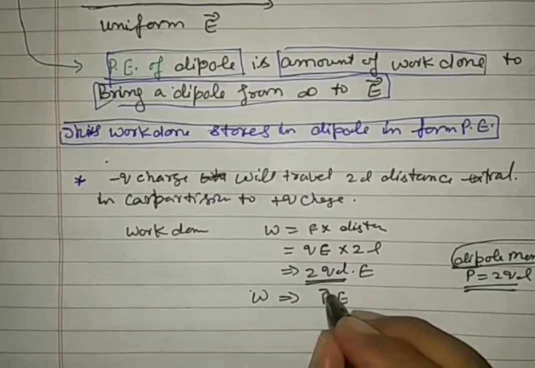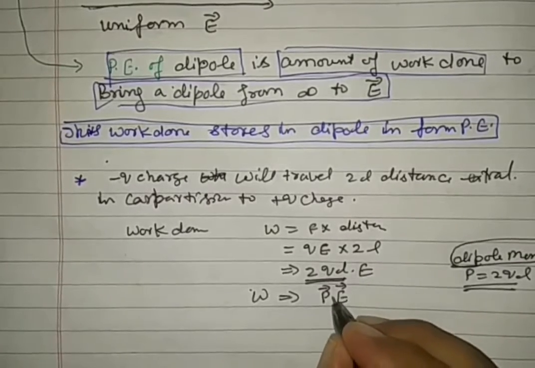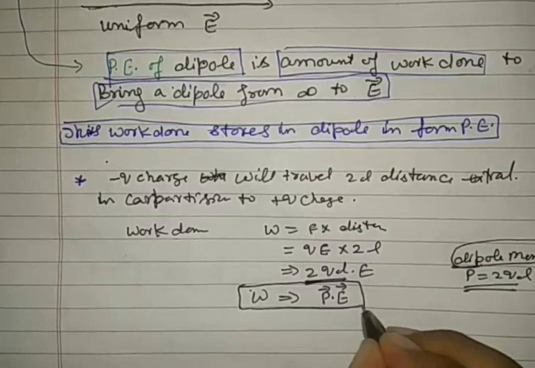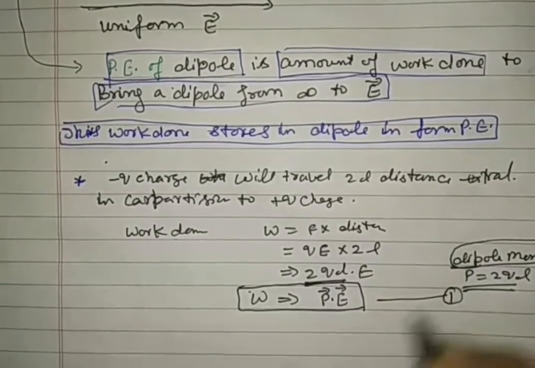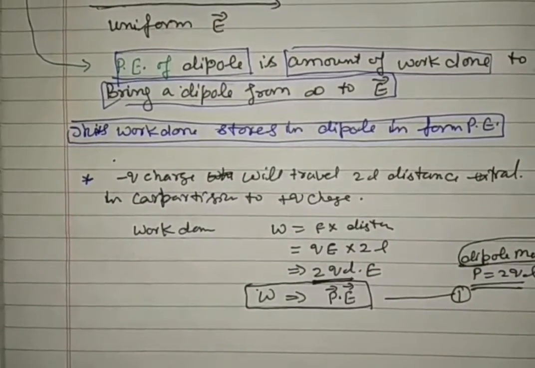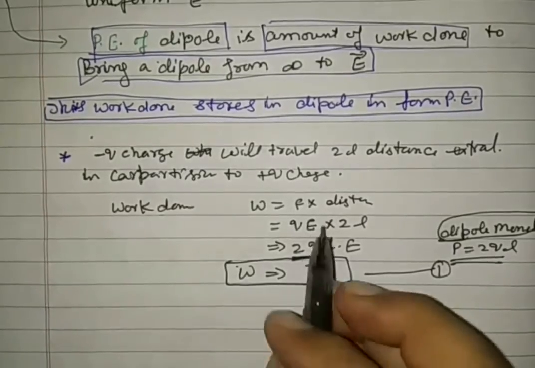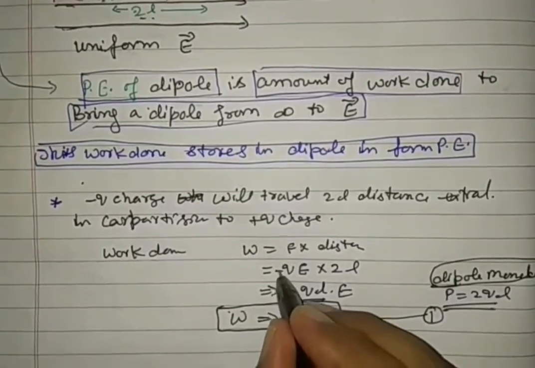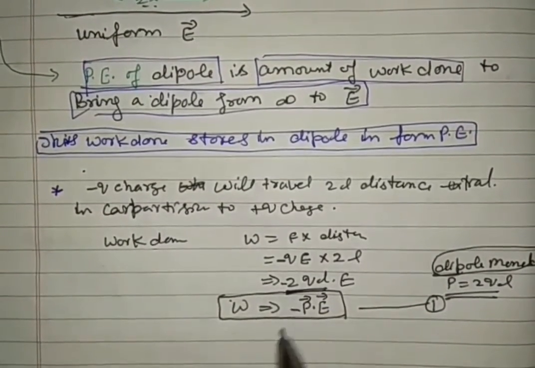Since work is a scalar quantity and both are vector quantities, it is a dot product of both, and it can be represented as equation number 1. Since the negative charge has traveled more distance, it is minus q, minus 2, minus p.